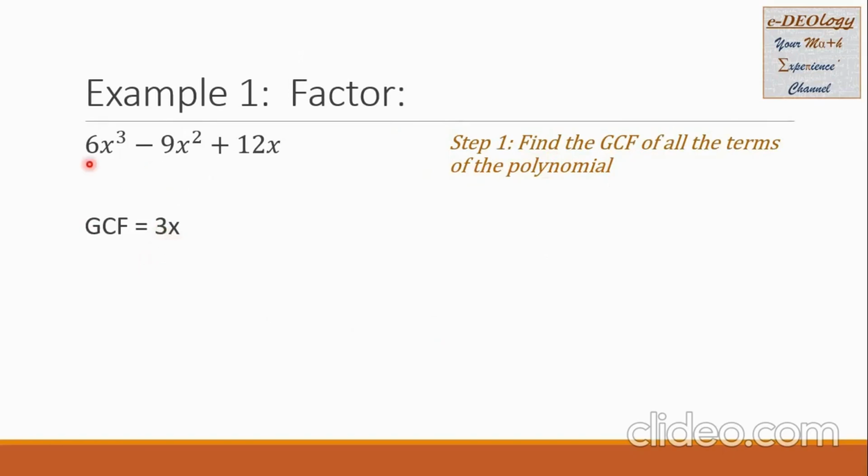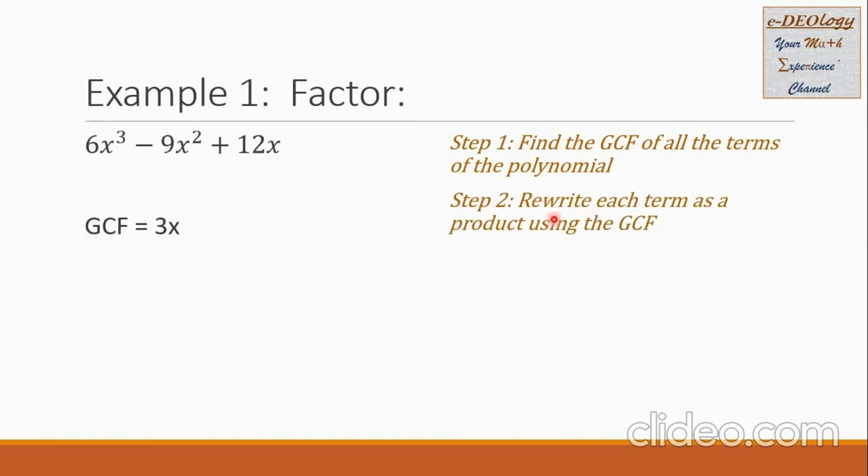Looking at the numbers 6, 9, and 12, the greatest common factor of these three numbers is 3. For the variables x cubed, x squared, and the x, the greatest common factor is x. So the GCF of this trinomial is 3x.